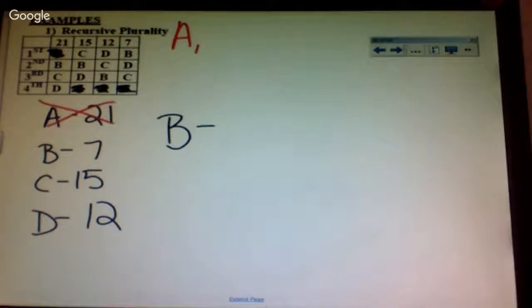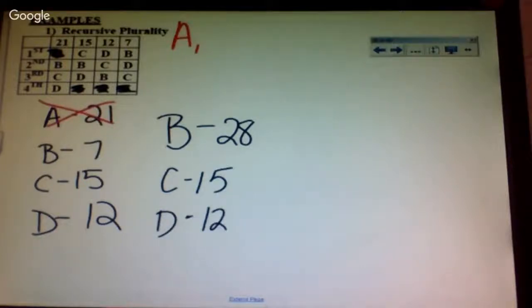B comes first in this first column, as well as this fourth column, so they have 28 votes now. C has 15. D has 12. So B is now my next winner. Cross off B now. They're gone.